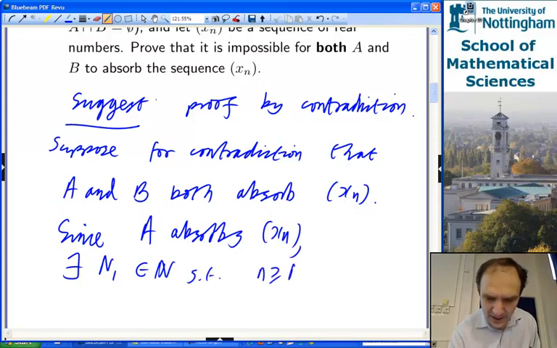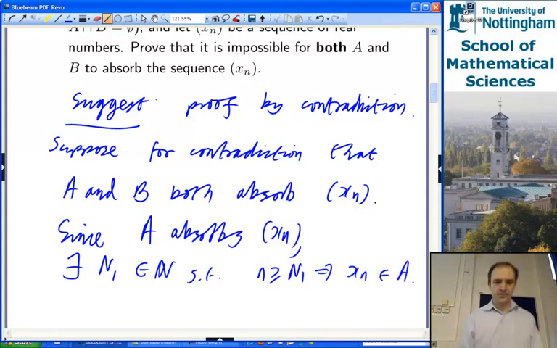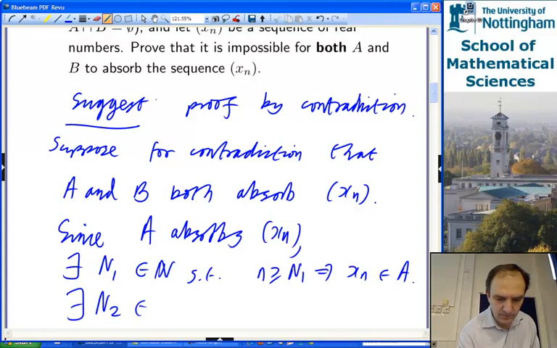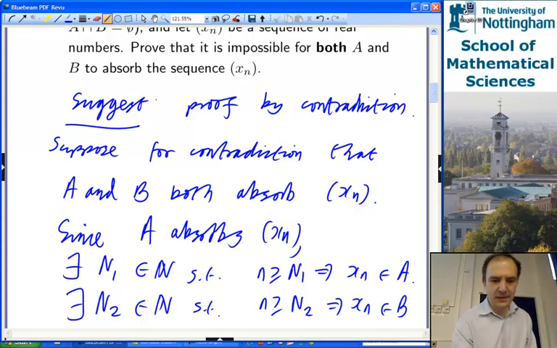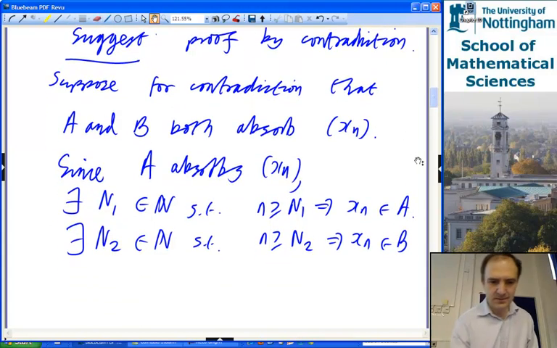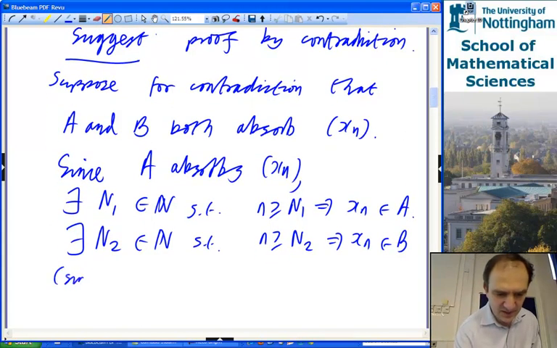So n greater or equal to N1 implies xn is in A. And there's an N2 so that n greater or equal to N2 implies xn is in B. That's similarly since B absorbs the sequence.